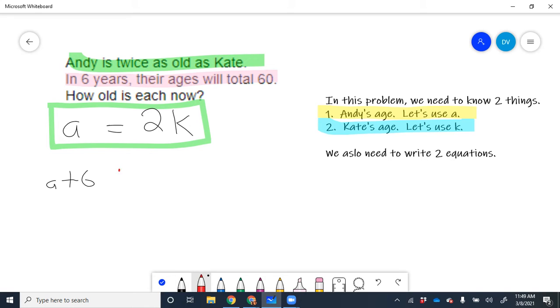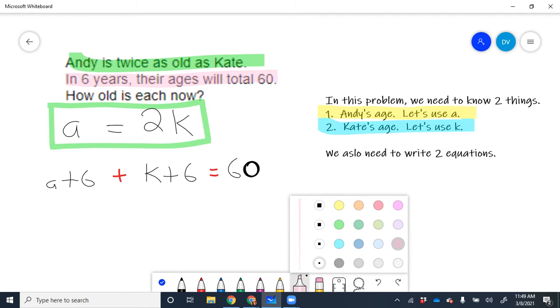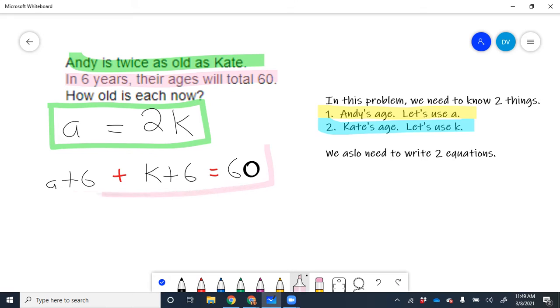And we're going to add to that Kate's age in 6 years, which will be K plus 6. And it says here that they add up to 60. So I'm just going to call that the pink equation. Okay, I highlighted it with pink. I'll surround it with pink also. So we have two equations. When you've written that down, go ahead and let me know, and we'll continue.